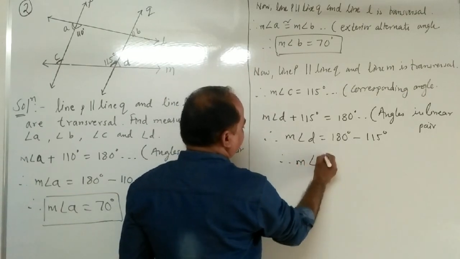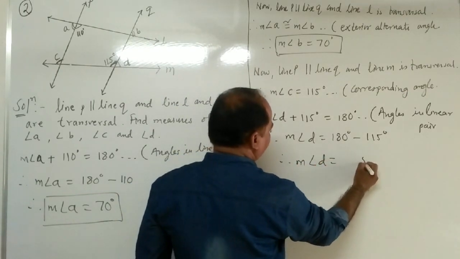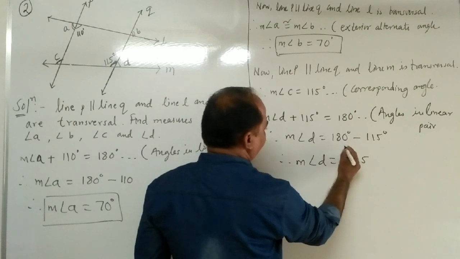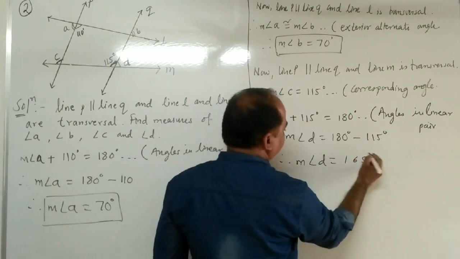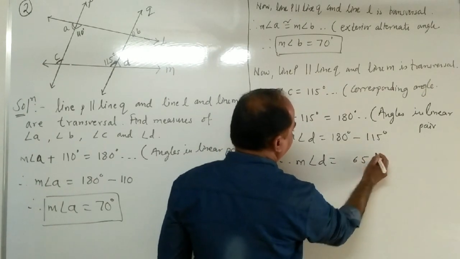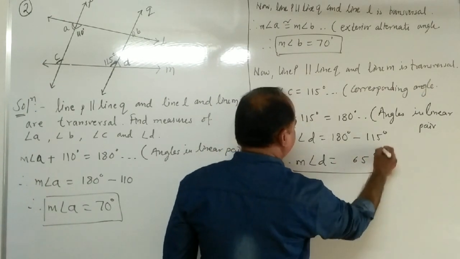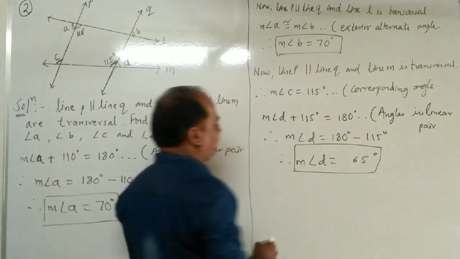Therefore, measure angle D is equal to 65 degrees.